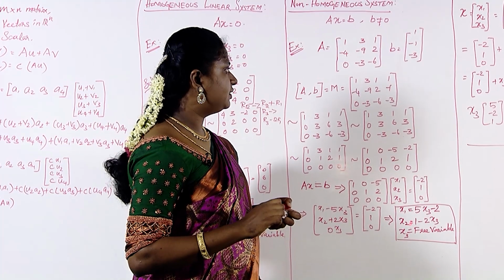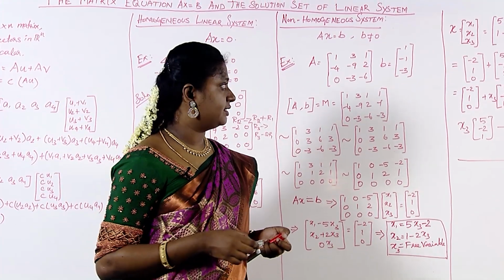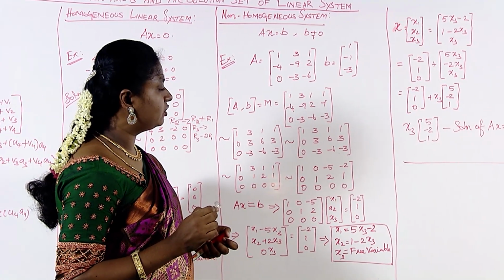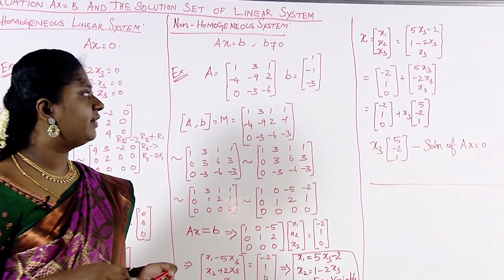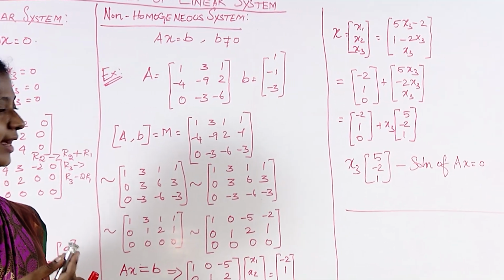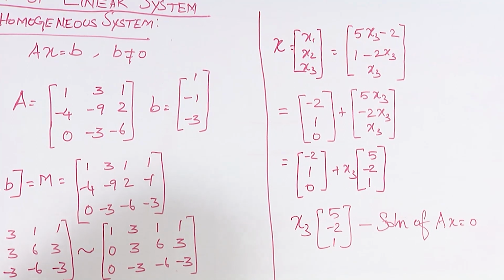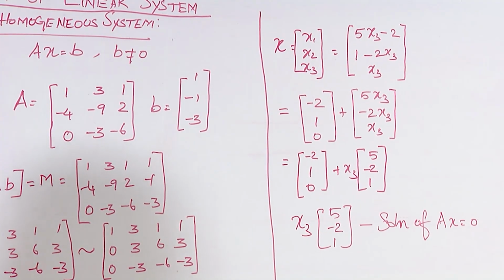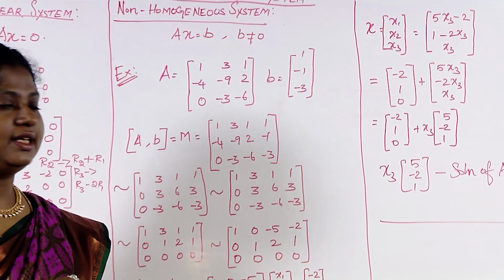So now we are going to find the general solution of the given non-homogeneous equations. This can be written as X equal to (x1, x2, x3). To find the general solution, as per the theorem that we have stated, we find a particular solution and add to it the vector obtained as the general solution of the corresponding homogeneous system.